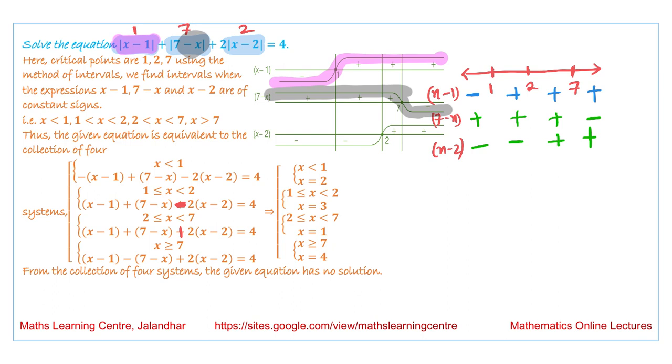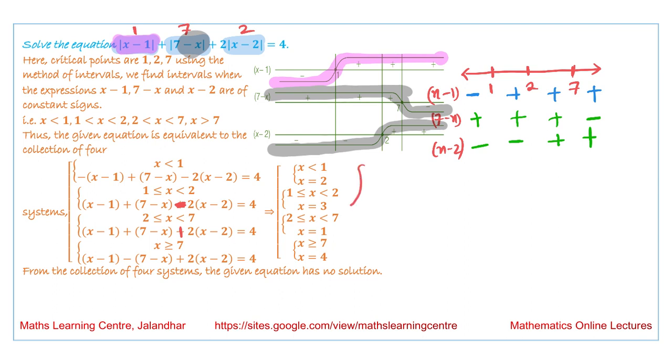And for 2 we start from the positive side and it changes sign at 2. It crosses the neutral line and the values become negative.